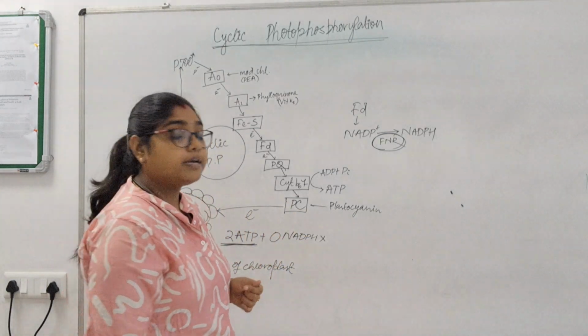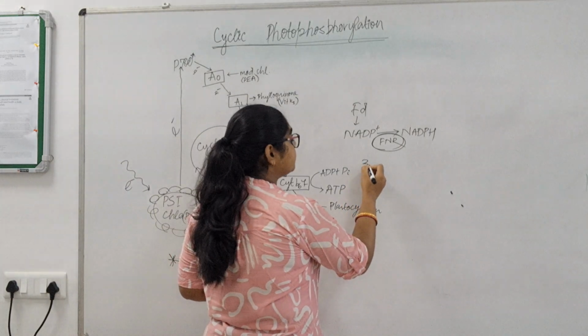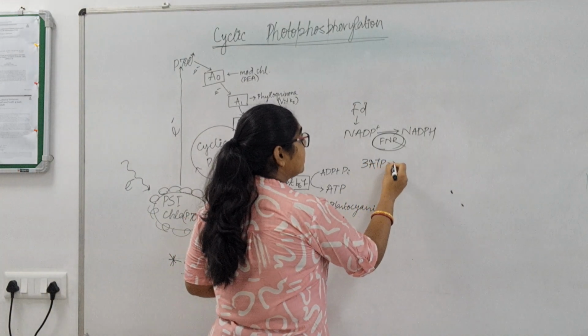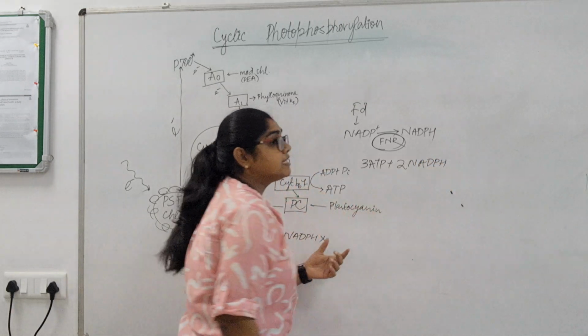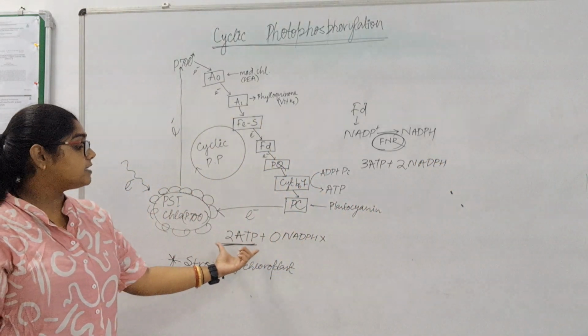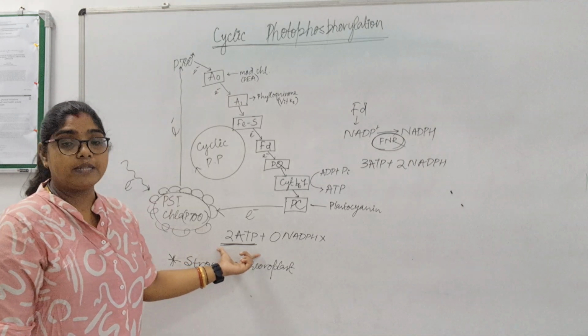And also, in non-cyclic photophosphorylation we get 3 ATP and 2 NADPH. So we are getting more energy than in cyclic photophosphorylation, because in cyclic photophosphorylation we are getting 2 ATP.